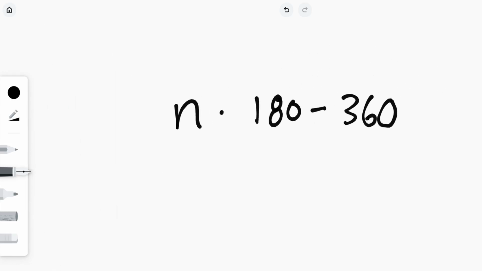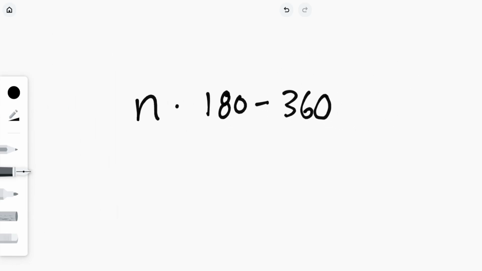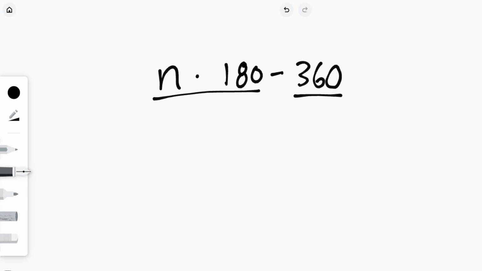Okay, with this here, we can rearrange this a little bit. My first term here, n times 180, and my second term, 360, have a common number we can pull out. We can factor out a number here. Both of these terms have 180 somewhere in them.